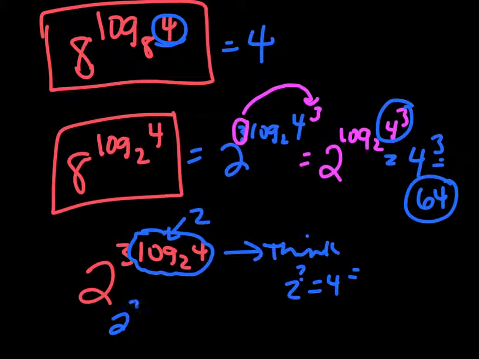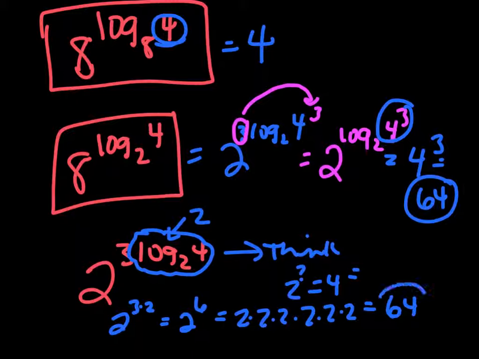So really you have 2 to the 3 times 2, which is 2 to the 6th power. 2 to the 6th power is 2 times 2 times 2 times 2 times 2 times 2, which will give you 64. So you end up with the same thing, you just went about it a different way. This way you use the properties we just had in this section. This one you'll use the properties that either you learned in Algebra 2 and you might remember, or we will learn again in a couple sections.